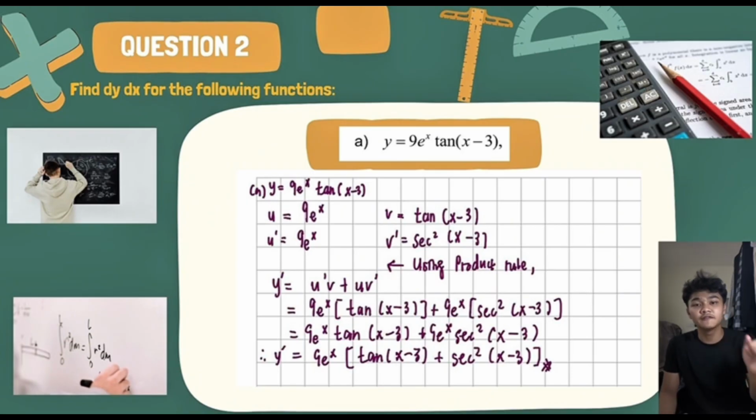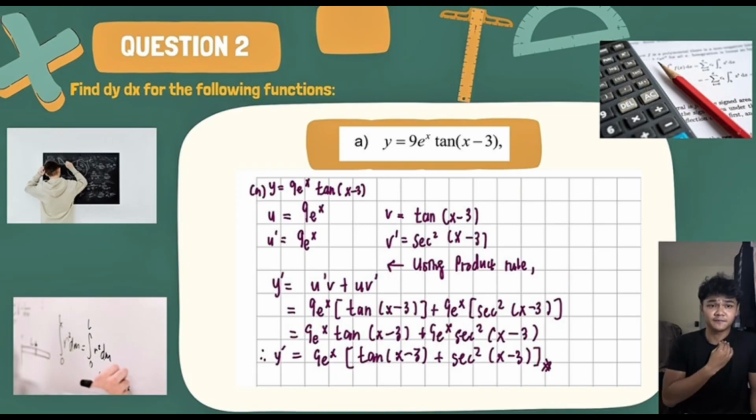After we got all the information, we can just substitute into the product rule. The formula is y' equals uv' plus vu'. So it will be 9e^x times sec squared (x minus 3), plus 9e^x times (x minus 3).